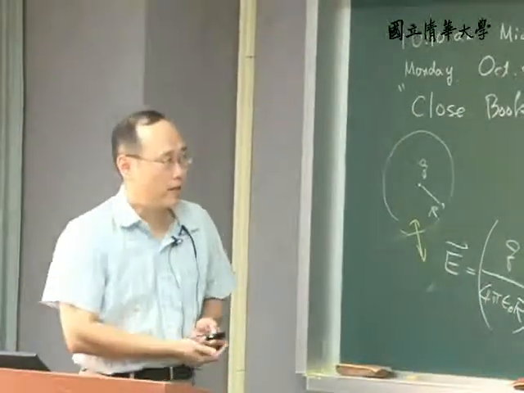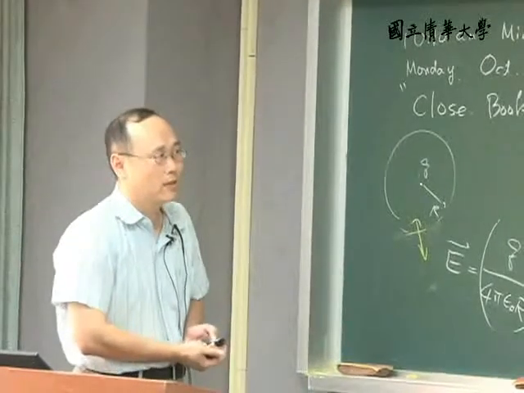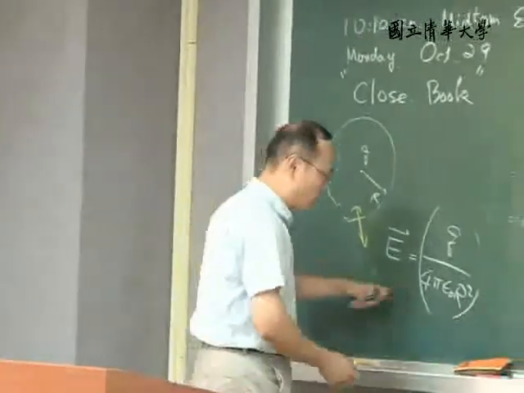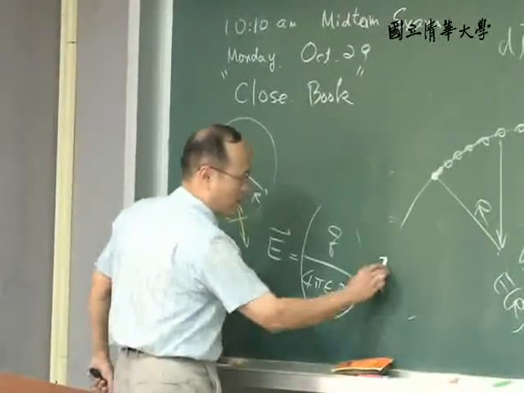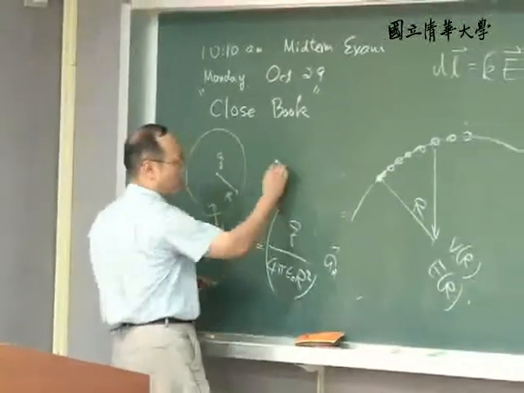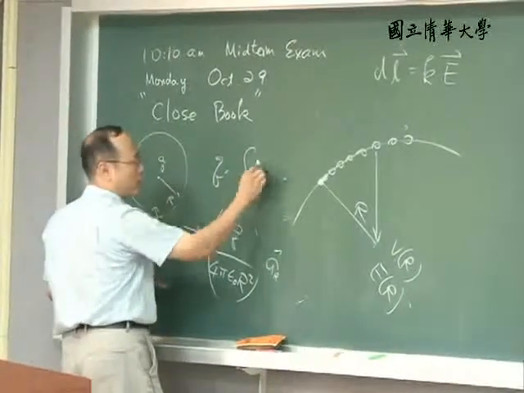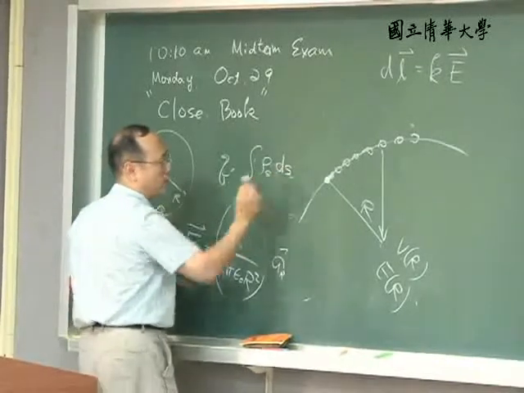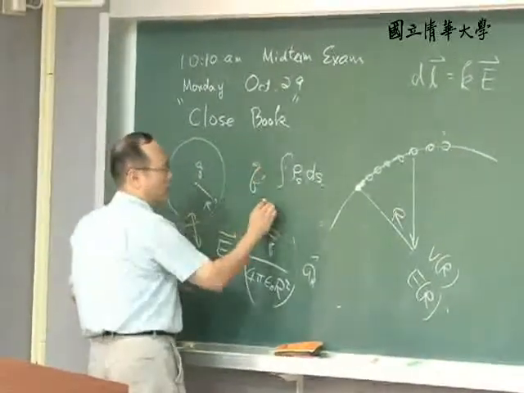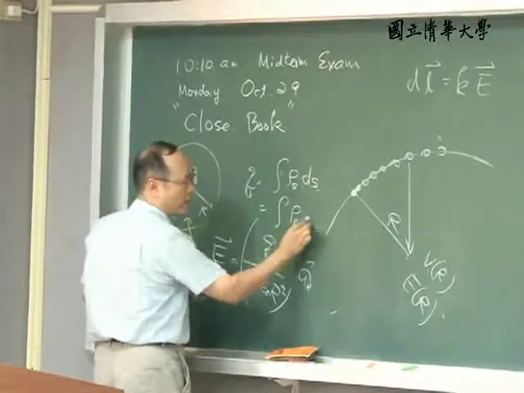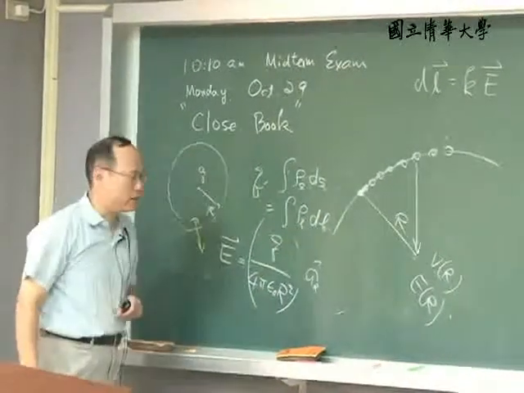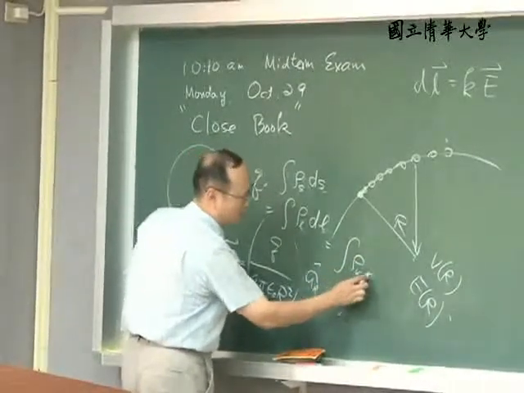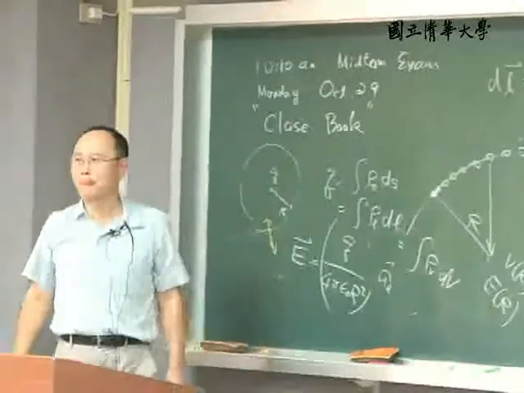Okay, therefore you can construct an integration like this, coming from this expression. Because this Q is the integration of charge over, say, a volume, a surface, then you integrate over a surface. Or you can integrate this line charge over a line, or you can integrate a volume charge over a volume.